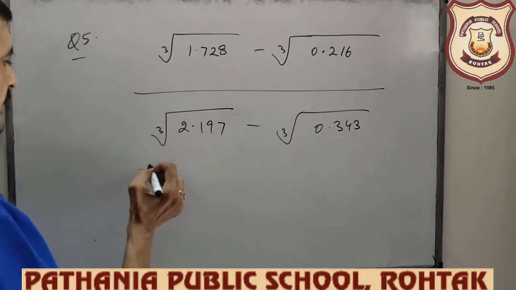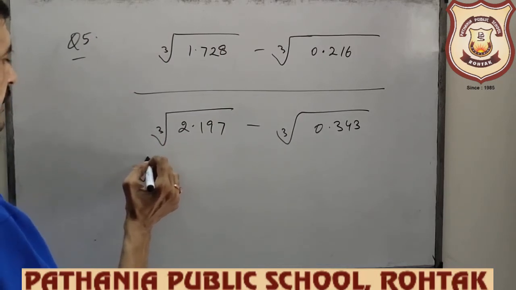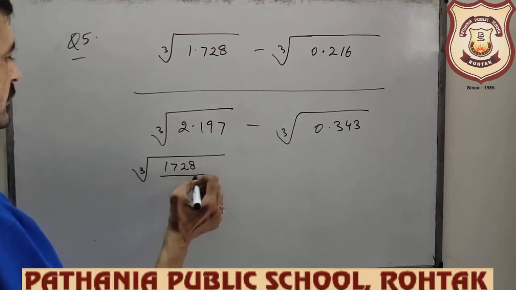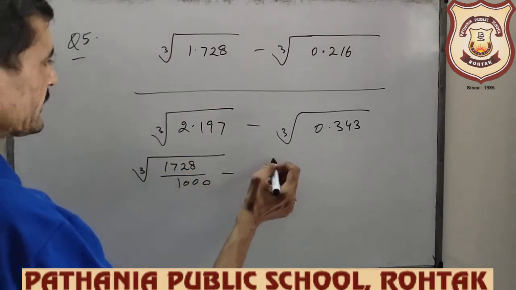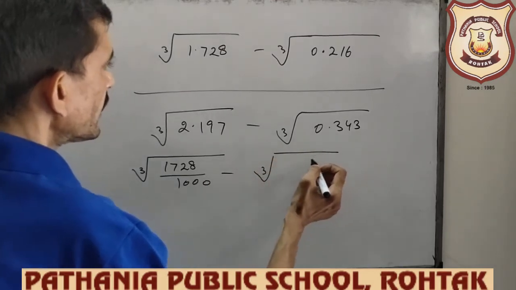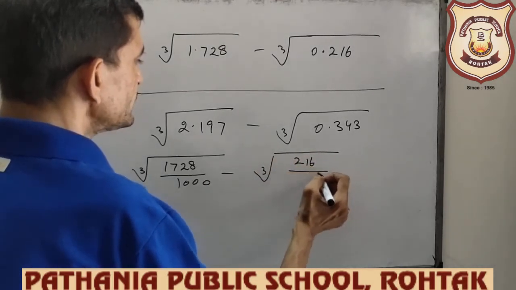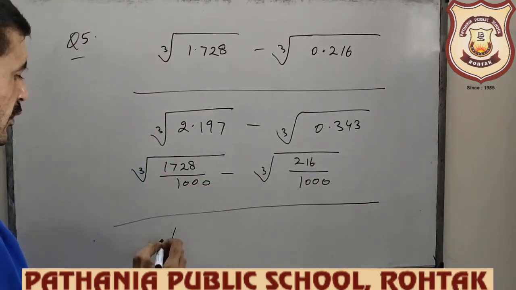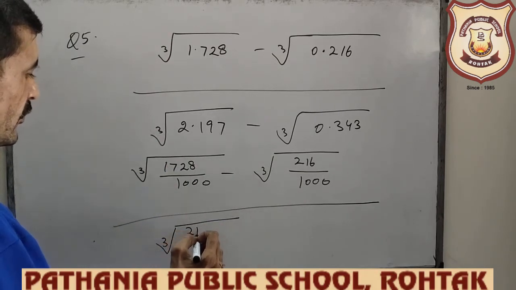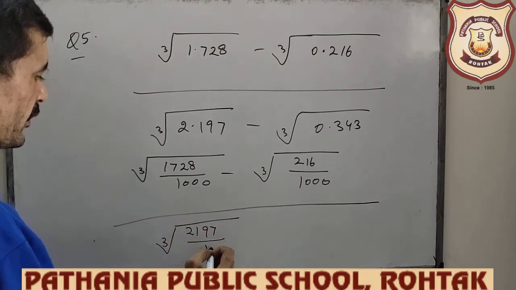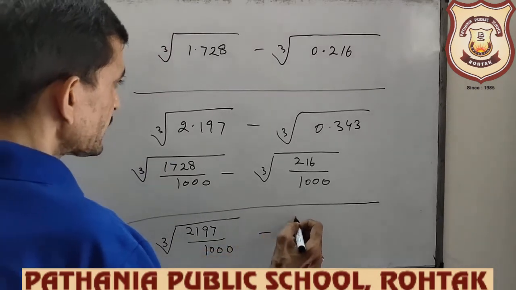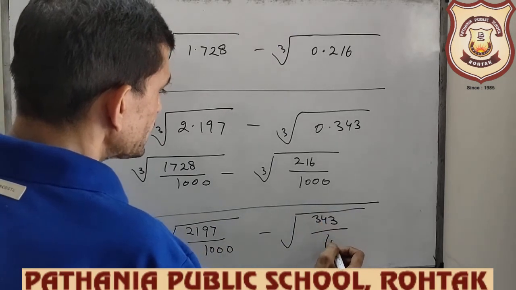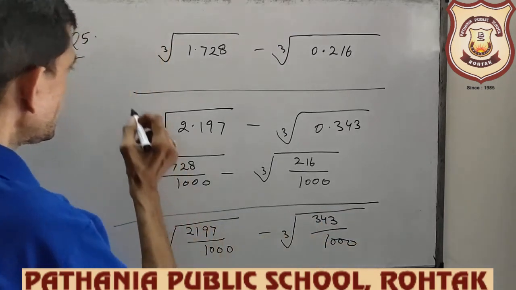The cube root of 1728 by 1000, minus the cube root of 216 by 1000, upon the cube root of 2197 upon 1000 minus the cube root of 343 upon 1000. This is the given question.